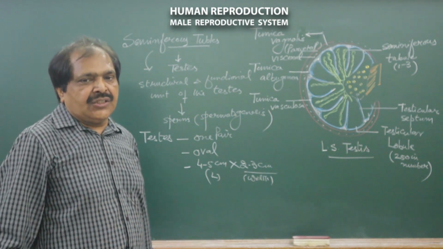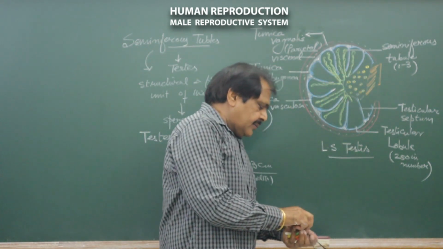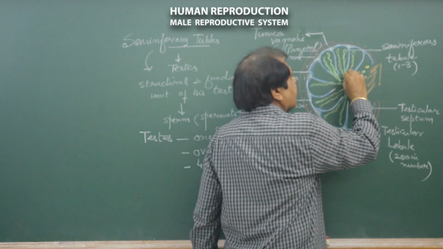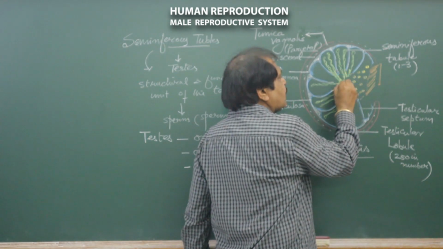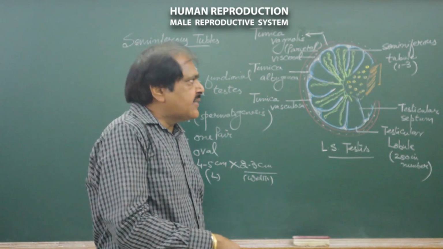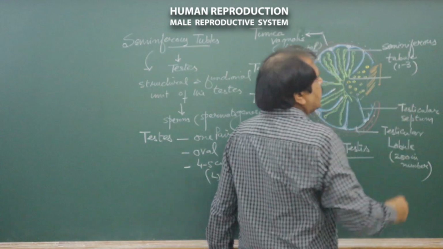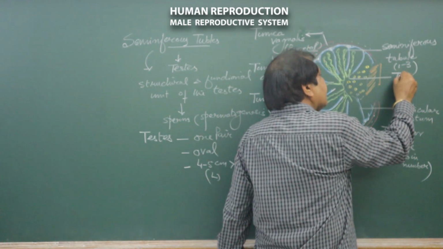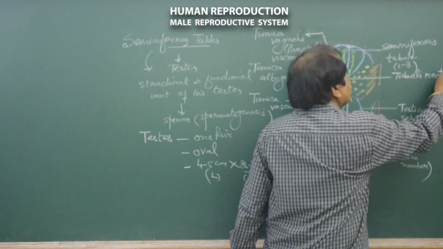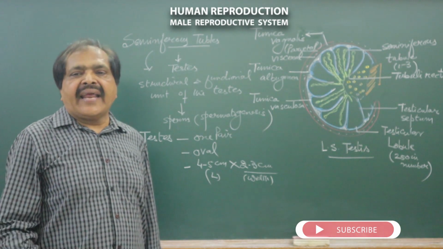It is a coiled structure, but becomes straight. This is the straight part, and this straight part is known as tubuli recti, or tubulus rectus.